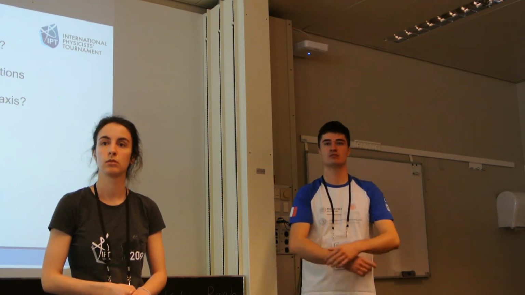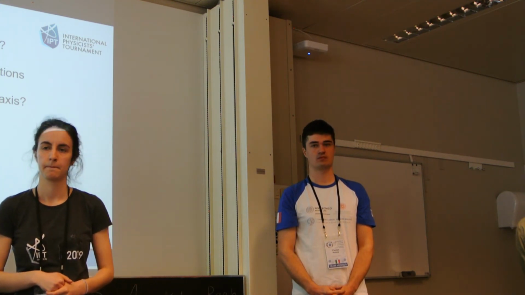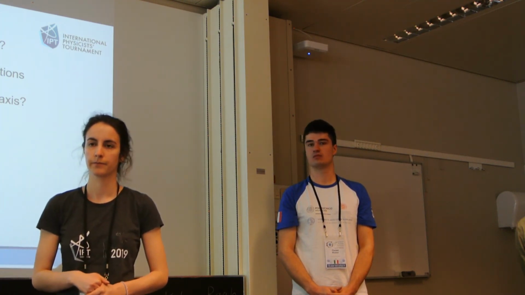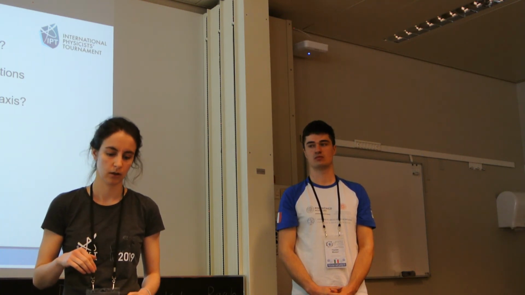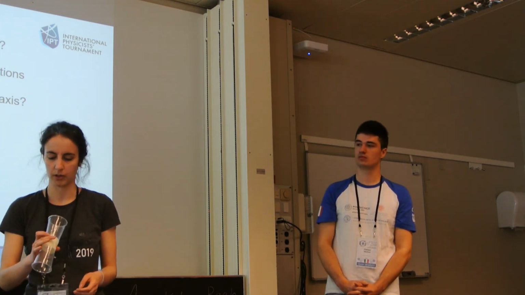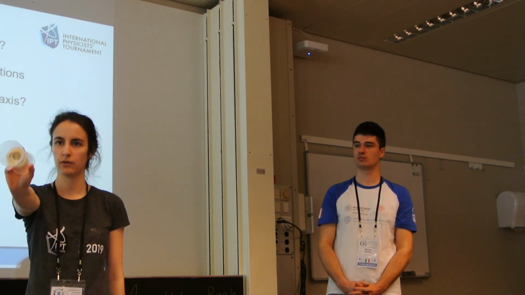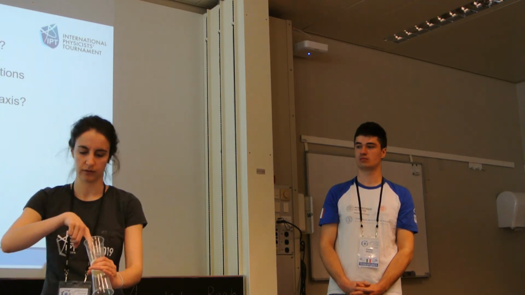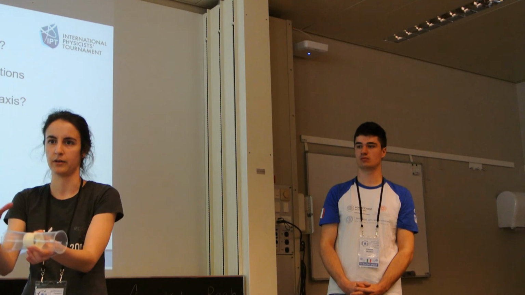Yeah. Okay, you can start. How do you determine where the center of mass of your object is? What we did to calculate it was take a photo of this, taking into account that it's perfectly taped together.